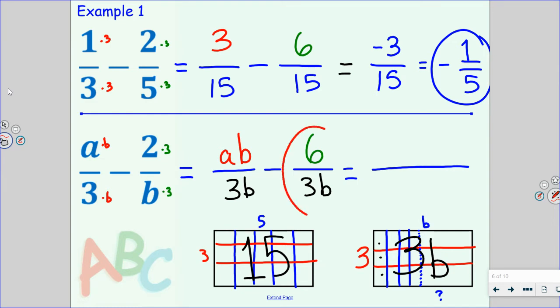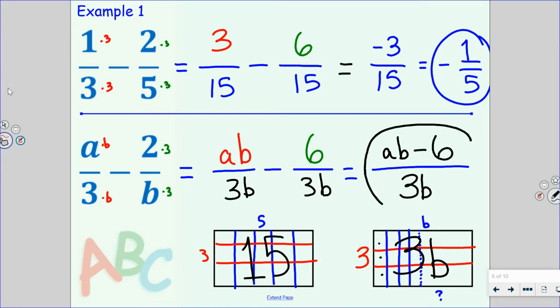So once again, 6 over 3B, that's the same amount of pizza as 2 over B. That's a mystery. We don't know how much that is. We don't know what B is. But at least now we have that common denominator. So whatever those slices are, we're going to subtract a B slice of that minus 6.